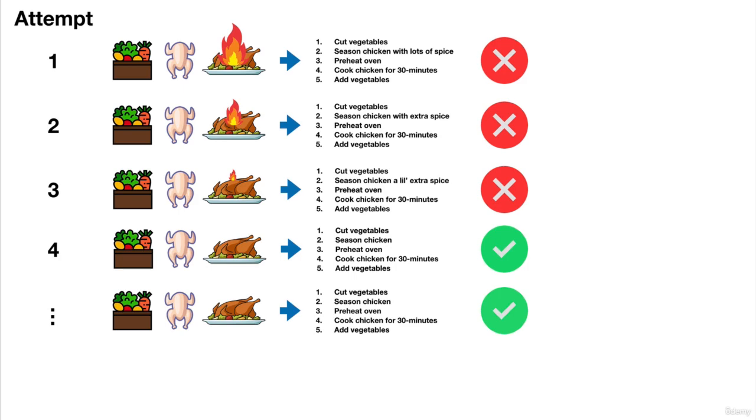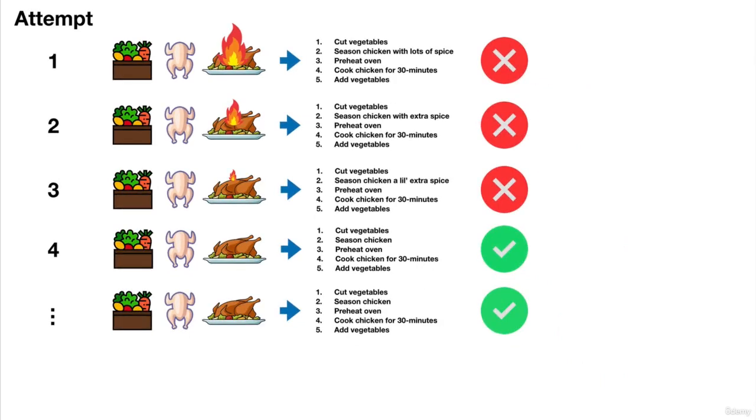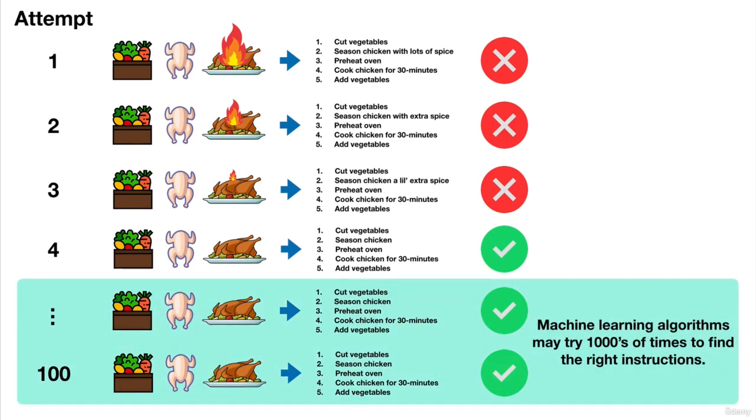If you looked at the set of ingredients and ideal outputs, your favorite chicken dish, 100 plus times, you'd probably get pretty close to figuring out what the set of instructions are to make that dish. Now, we're missing a few steps here, but this is what machine learning models do in a nutshell. They find patterns collected in data so we can use those patterns for future problems.